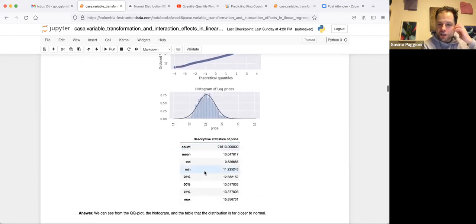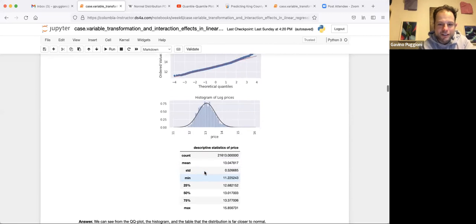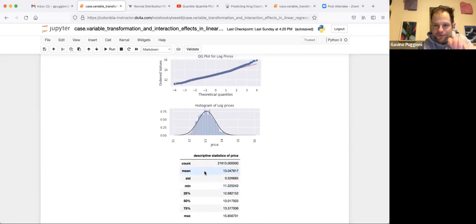So let's check now some descriptive statistics of the data. And here you can really see the compression effect that I was telling you about. Notice that the mean is 13.04 and the median is 13.01. So now we have a distribution that is much more symmetric, right? The mean and the median are much closer. But then we check the minimum. It's not that far away, about 11, and the maximum is almost 16.